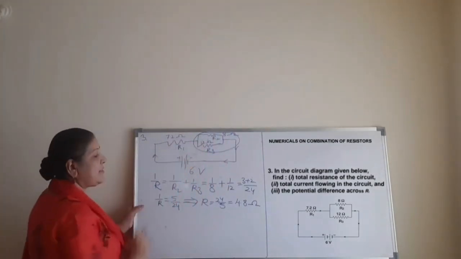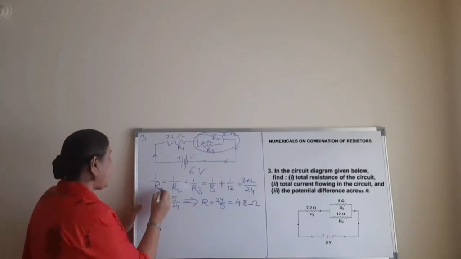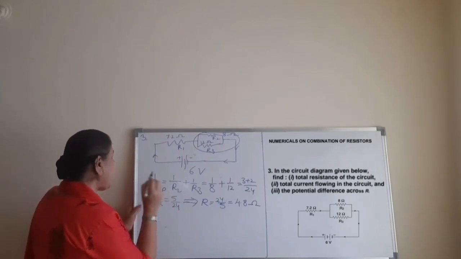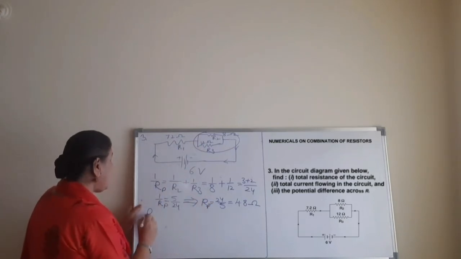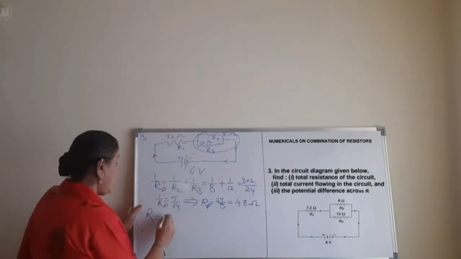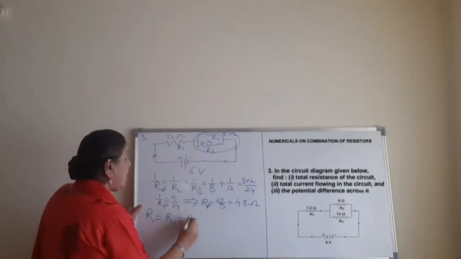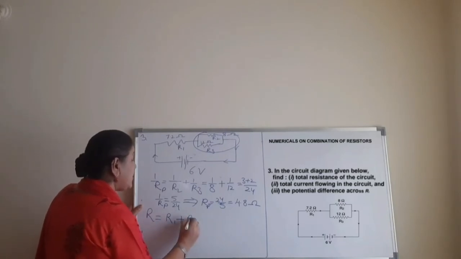Now I'm just calling it RP. This was RP. So now the total resistance will be R1 plus RP, because they are in series.